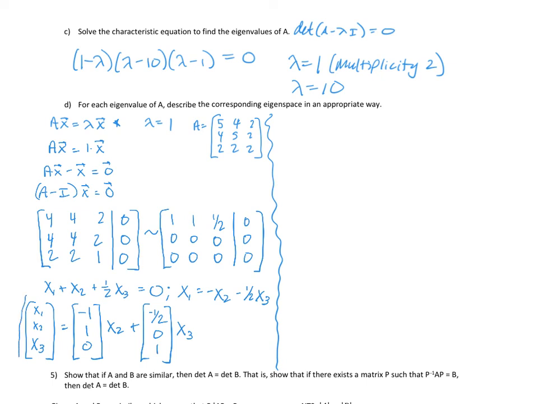So this is a way to describe the solution set. All the x's that make Ax equals lambda x true, which is called the eigenspace. All right, I'm not going to do the one for lambda equals 10. I will leave that to you.